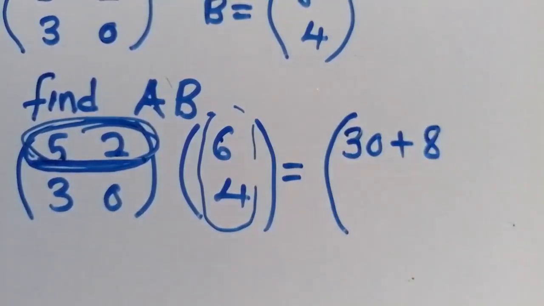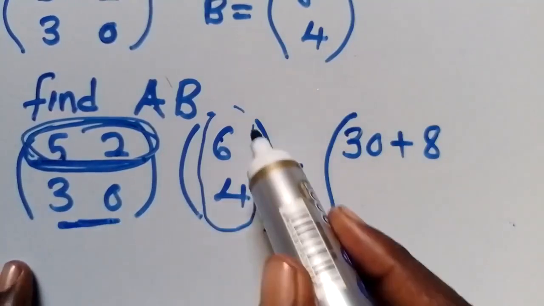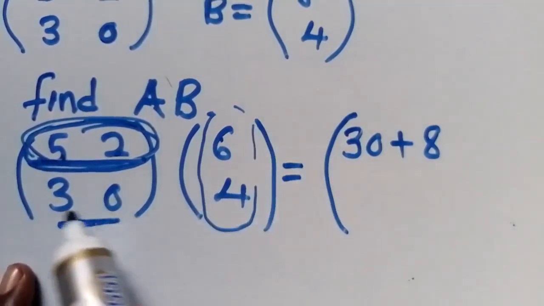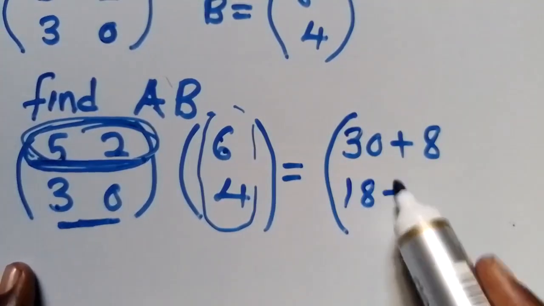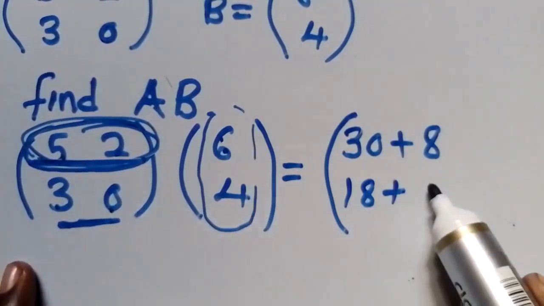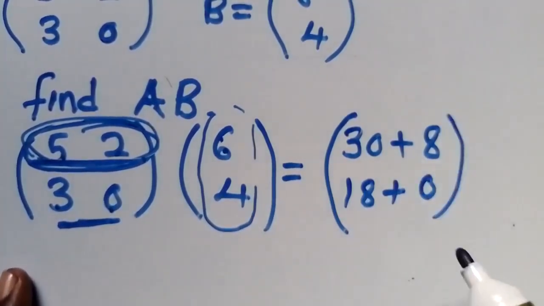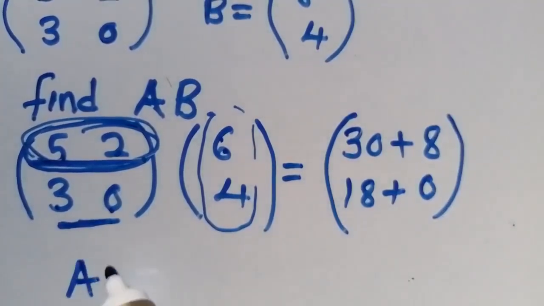I'm done on top. I go down. This row times that column: 3 times 6 is 18, plus 0 times 4, that is 0. So finally, AB is equal to what?